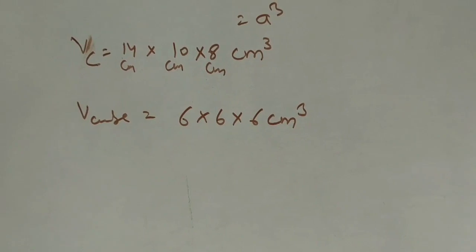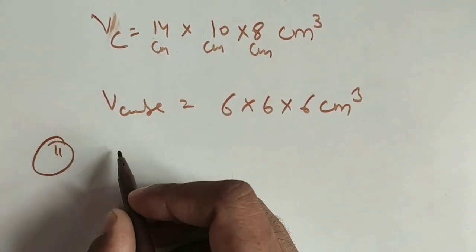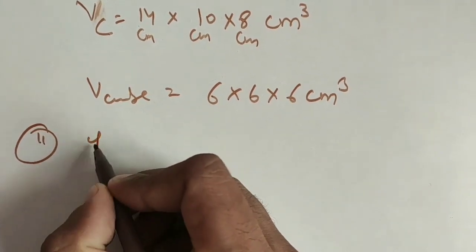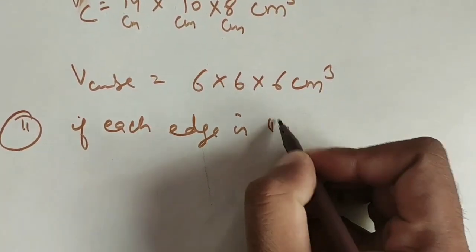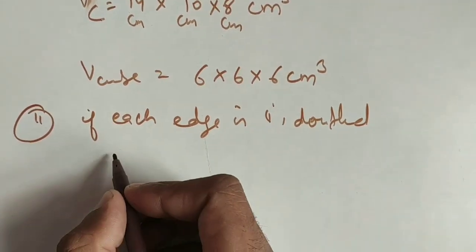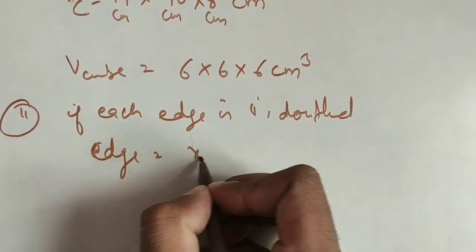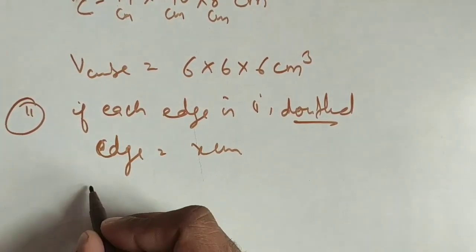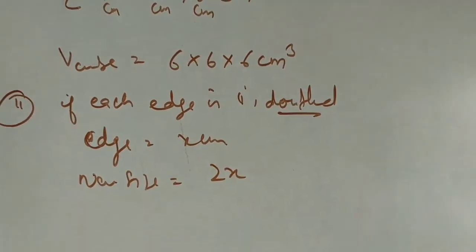Next is what will happen to the volume of a cube if each edge is doubled. First part is doubled, means let each edge is x centimeter. Now we want to double it, so new size will be 2x.